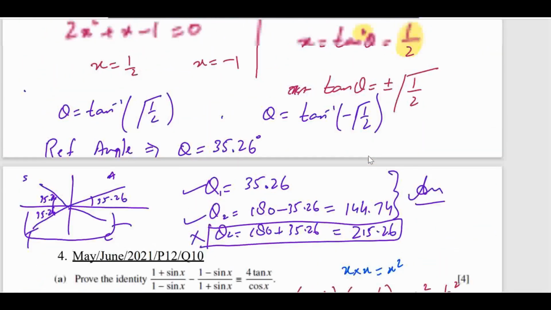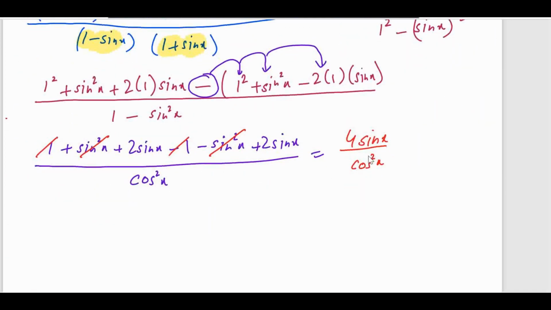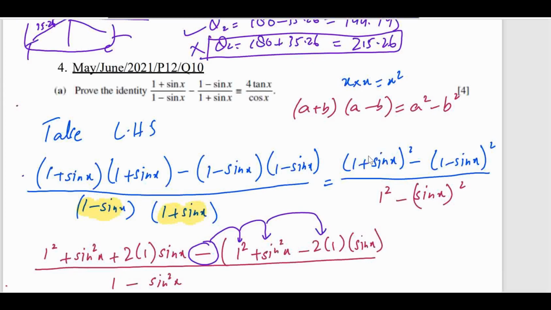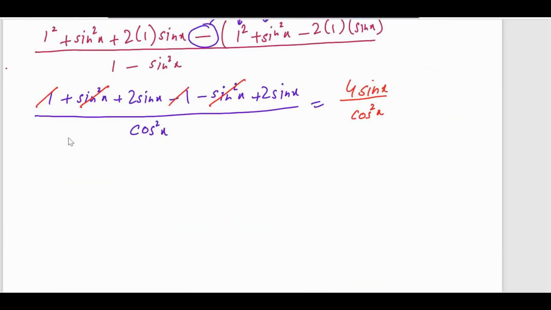That's what we have to prove, 4 tan of x over cos of x. So we have to simplify it further. We need one more step. This will be 4 into sine of x divided by cos of x into cos of x.